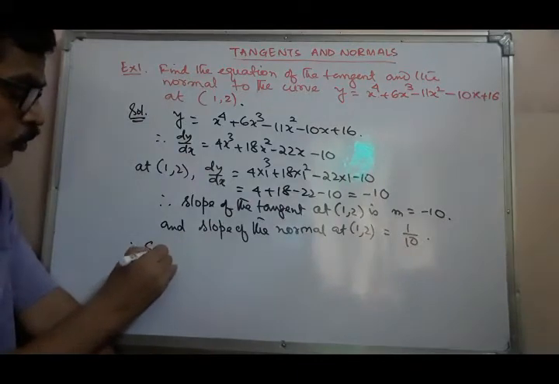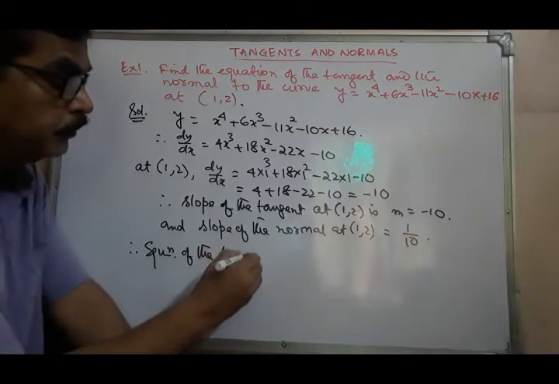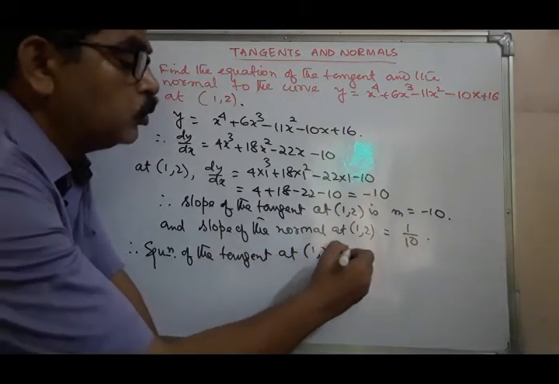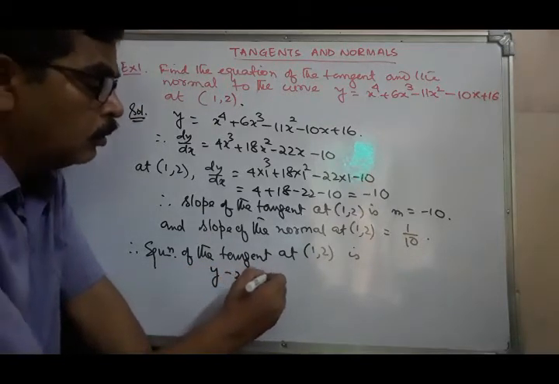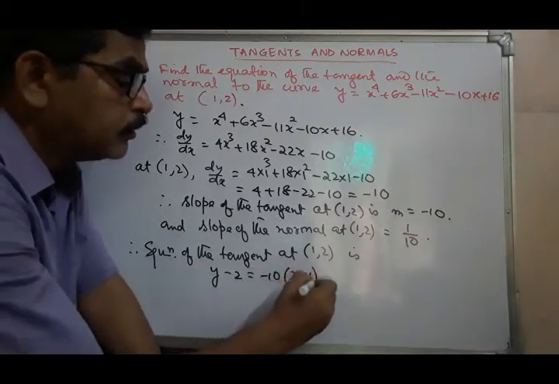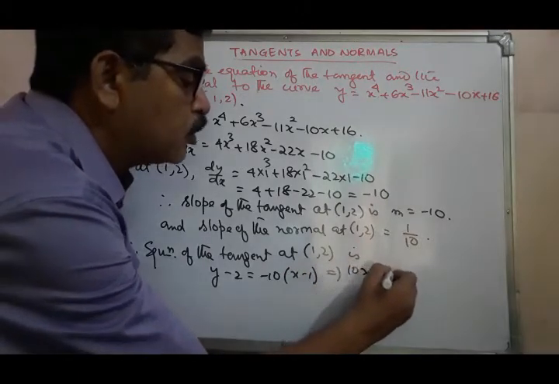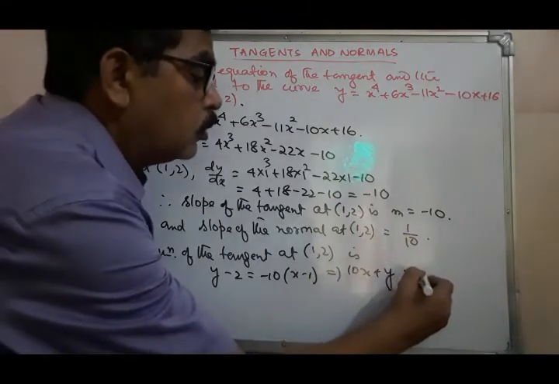Therefore, equation of the tangent at (1, 2) is y minus 2 equal to minus 10 into (x minus 1), which implies 10x plus y equal to 10 plus 2, that is 12.